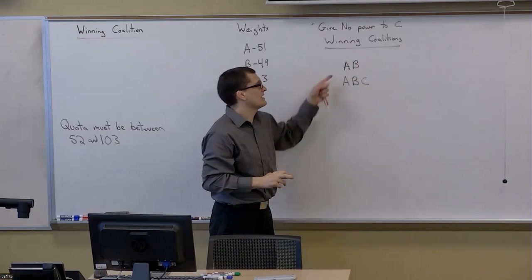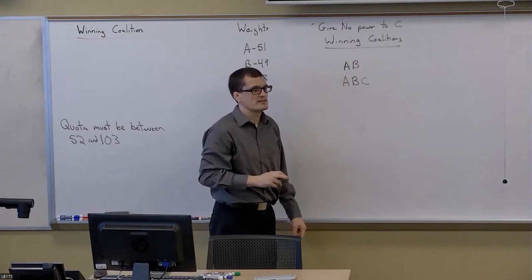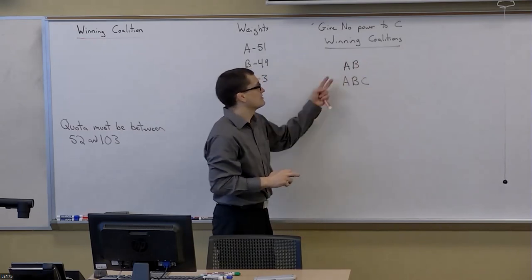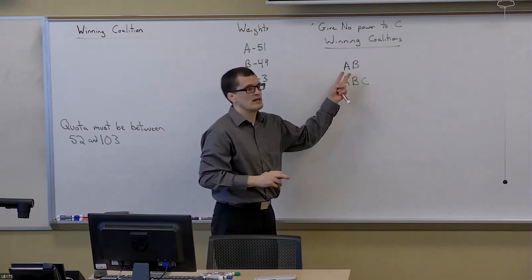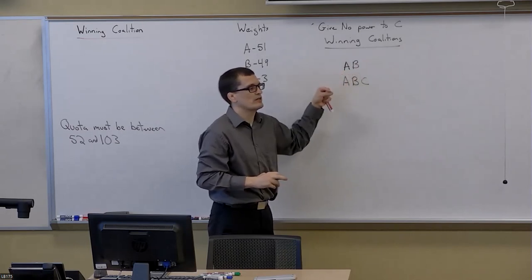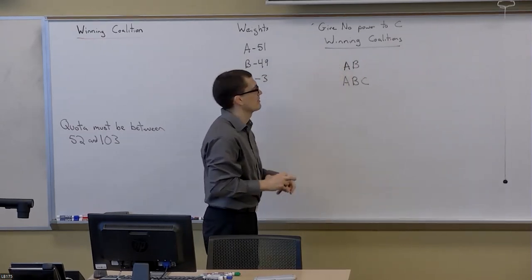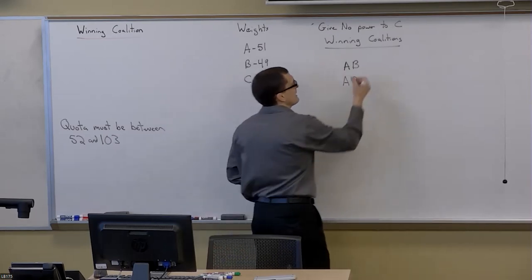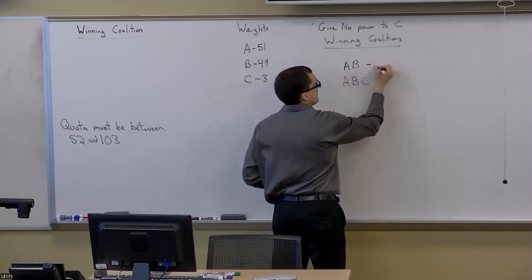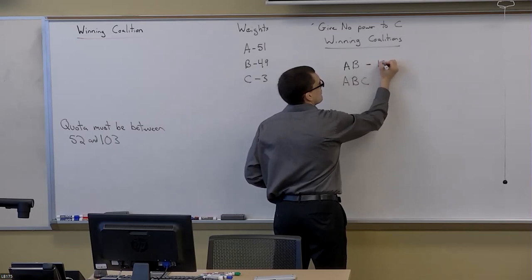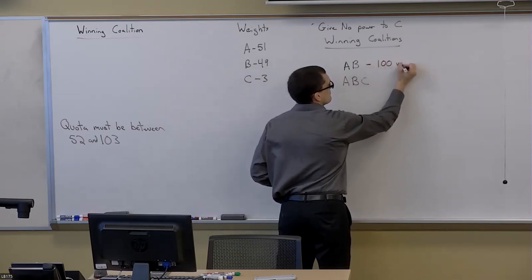So I want winning coalitions like this. Now there are lots of different quotas that give me these winning coalitions. All right, A, B together have 100 votes.